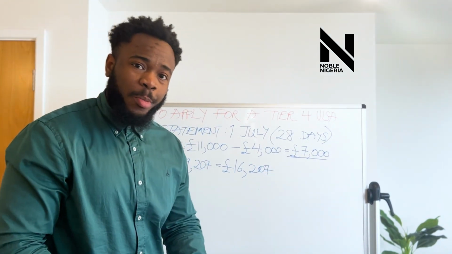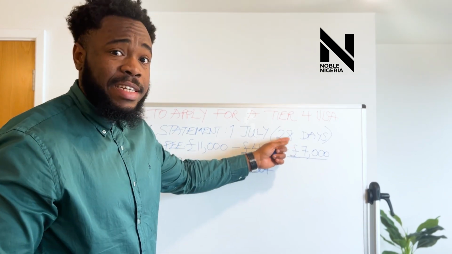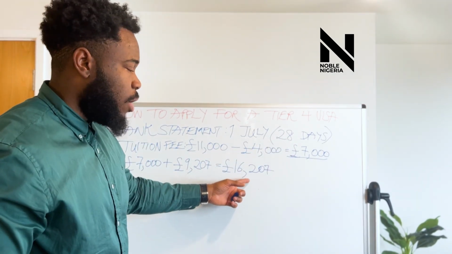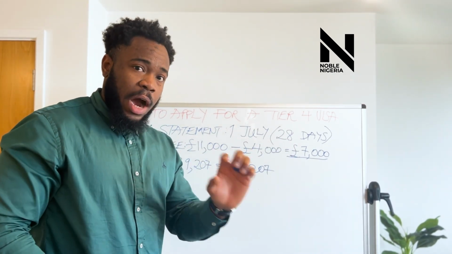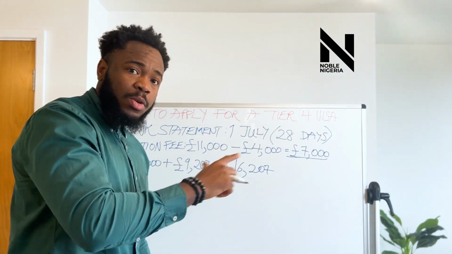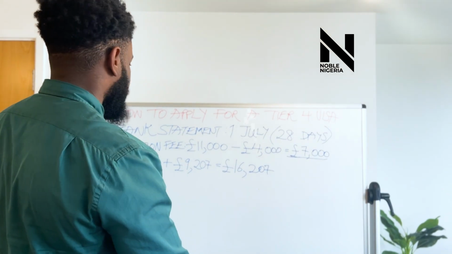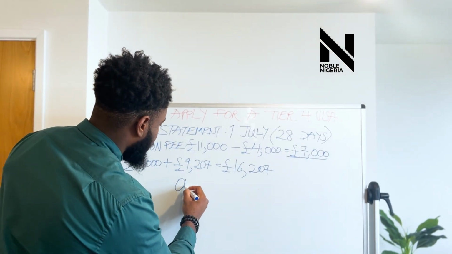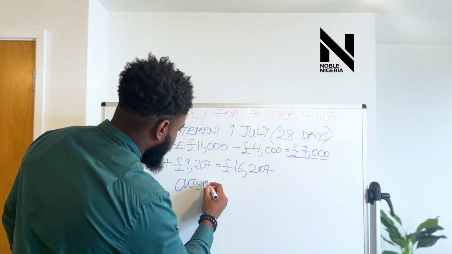So the money that needs to be in your account for 28 days is £16,207. However, note this is for universities outside London. I'm just going to write it down here: outside London.